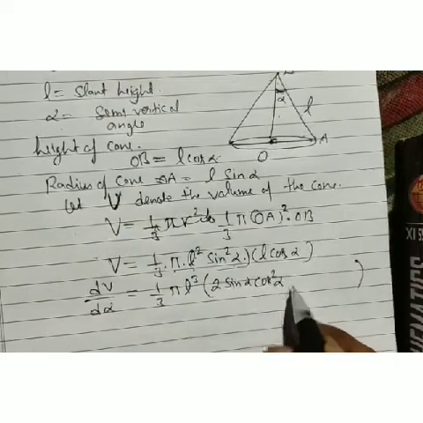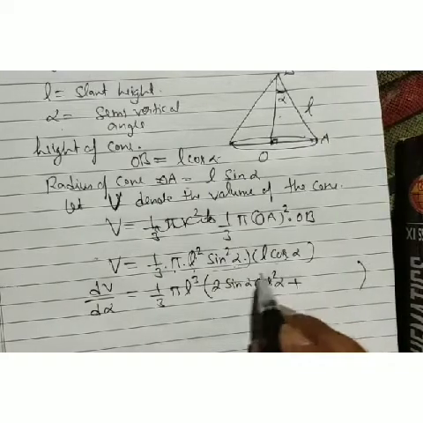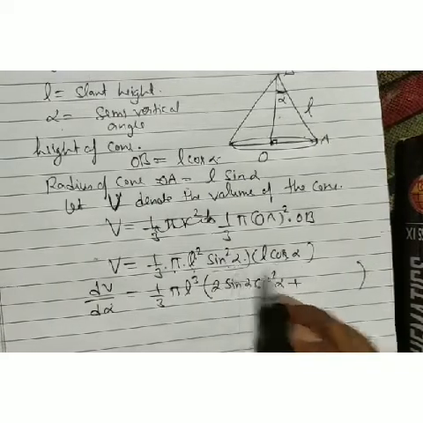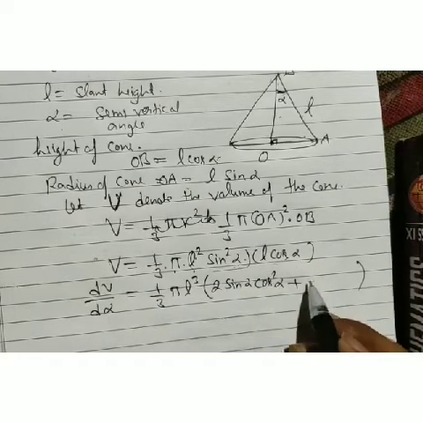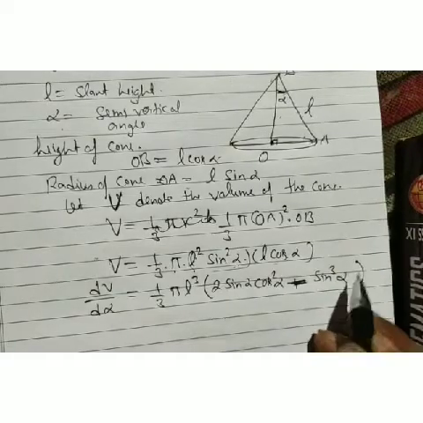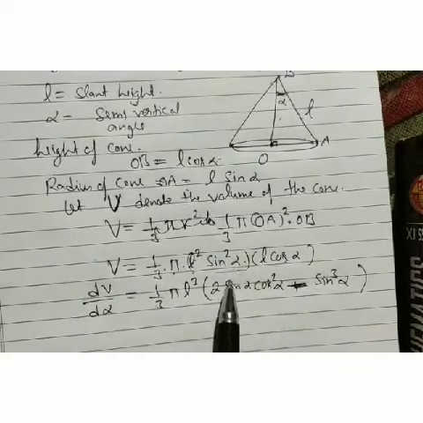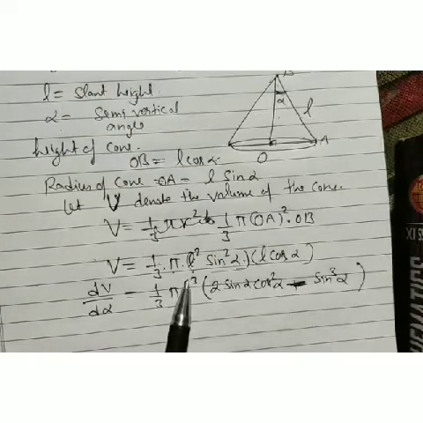Then we get cos square alpha, plus now we interchange: sine square alpha, and the derivative of cos alpha is minus sine alpha. Then sine square alpha into minus sine alpha, so we get minus sine cube alpha. You get this value.